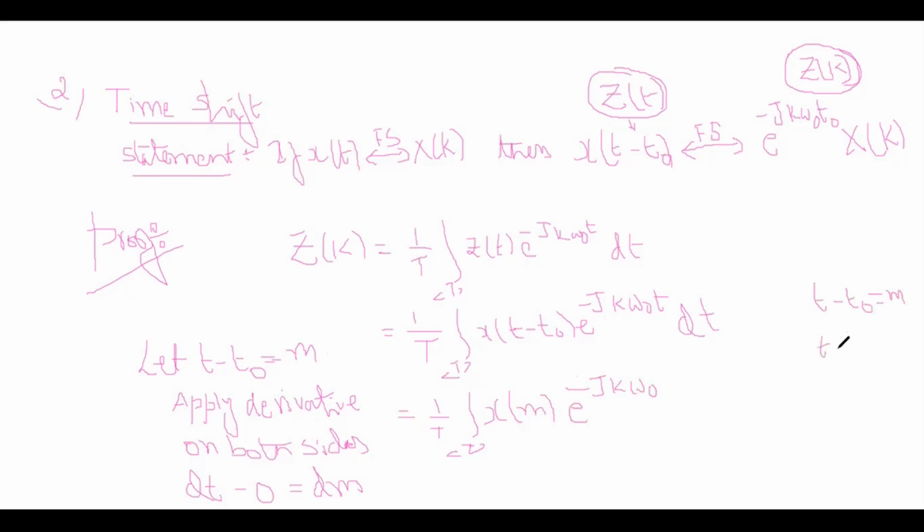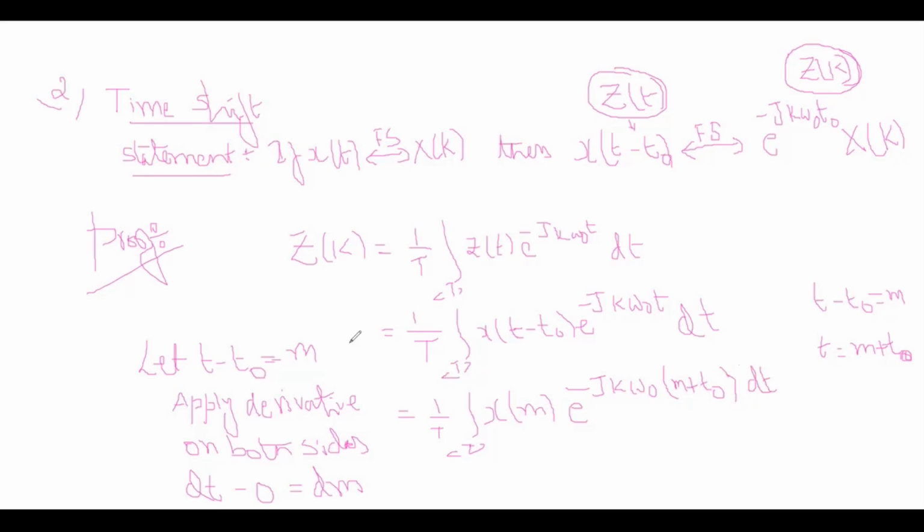From this, t is equal to m plus t naught. So replace here t by m plus t naught into dt.